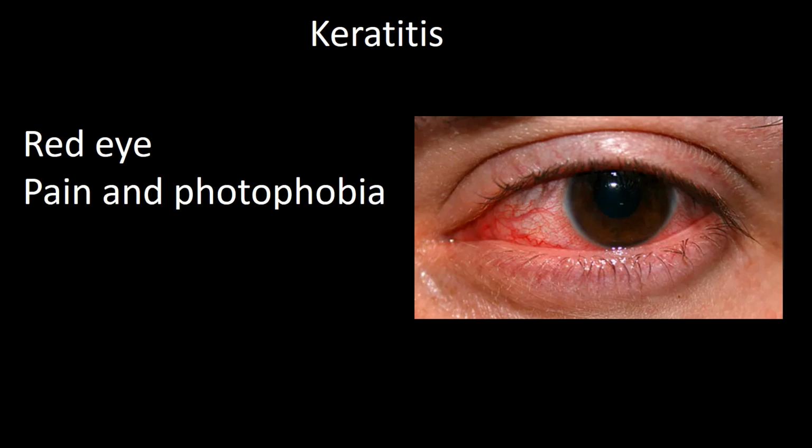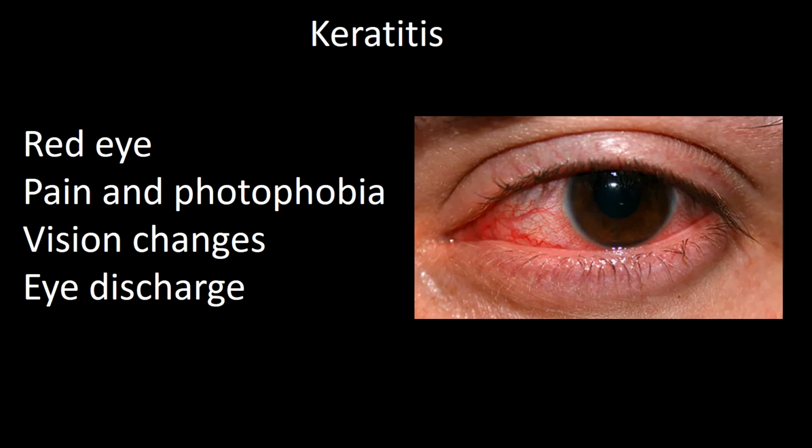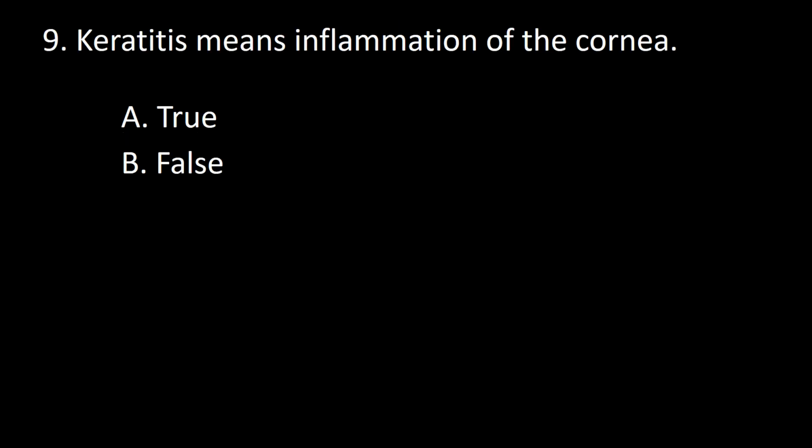Pain is practically always present and photophobia is prominent. Vision will be affected, usually in the form of blurriness or inability to see. Eye discharge is often present. Tearing is excessive. Ophthalmology consultation is usually warranted. So the answer to this question is A.